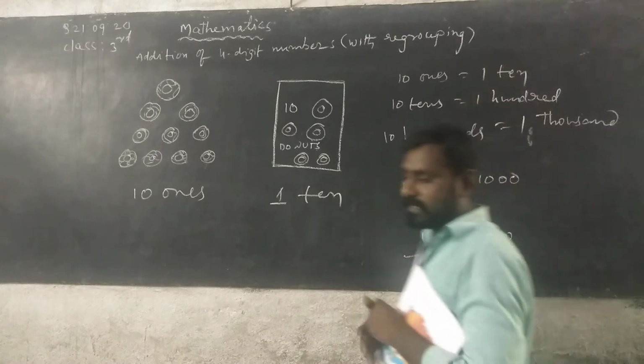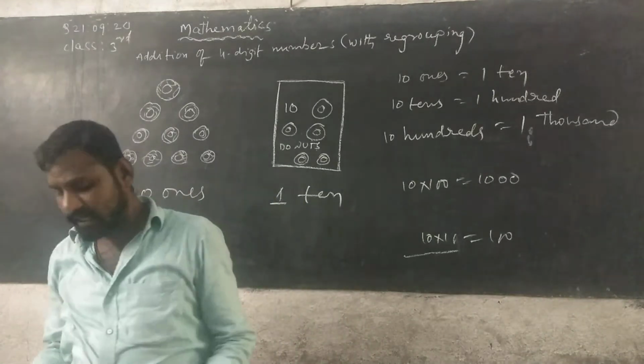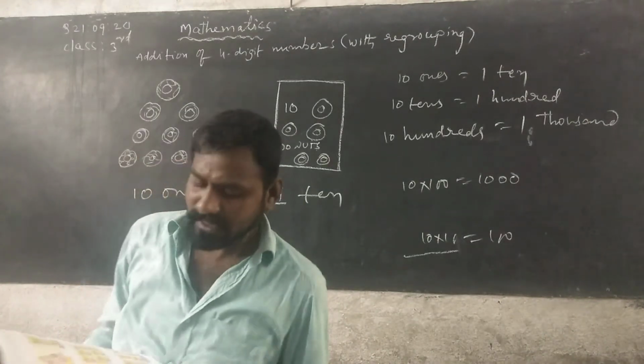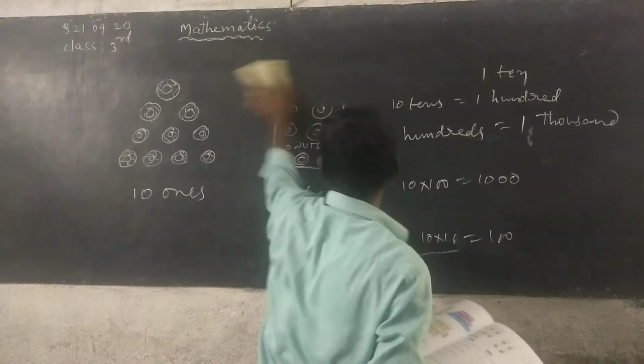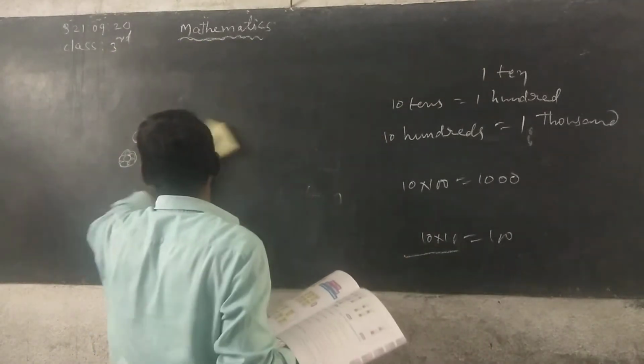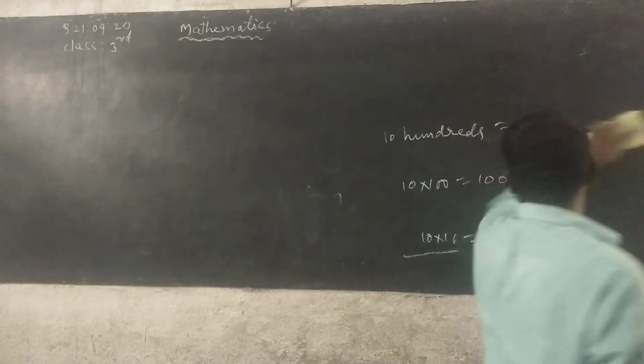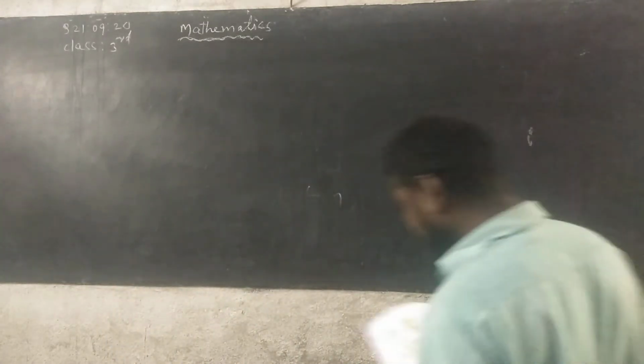So everybody remember it. See now next, here 7 tens in your textbook, very easy. Listen carefully. I can say it very easily. I can draw shortcut methods.